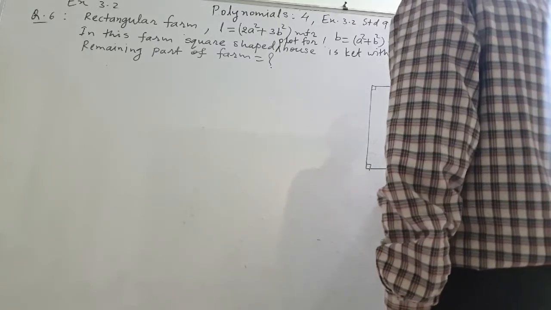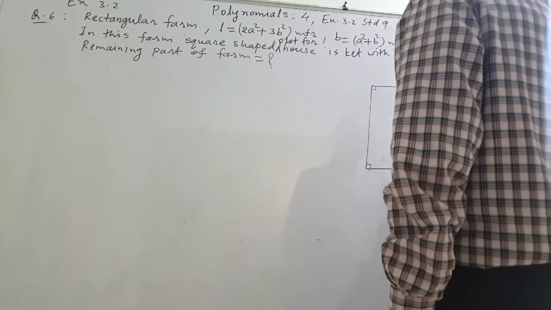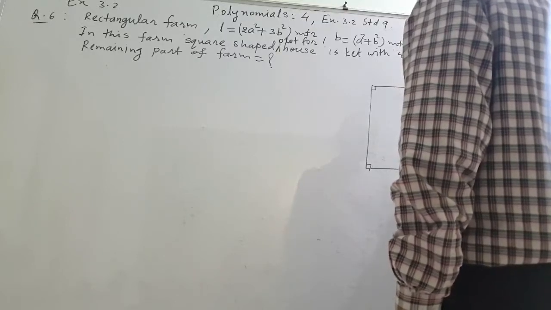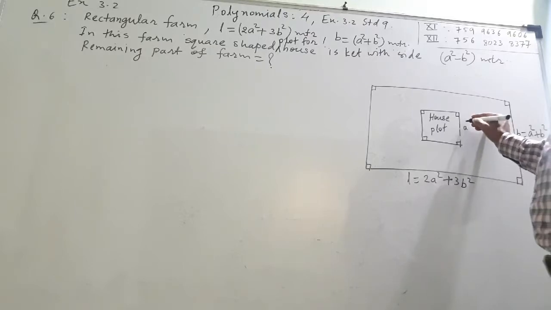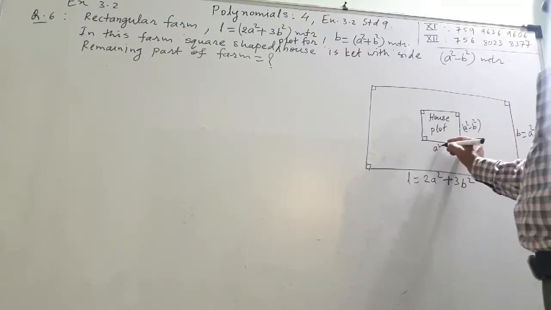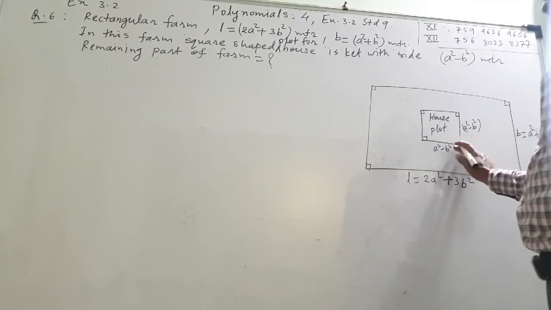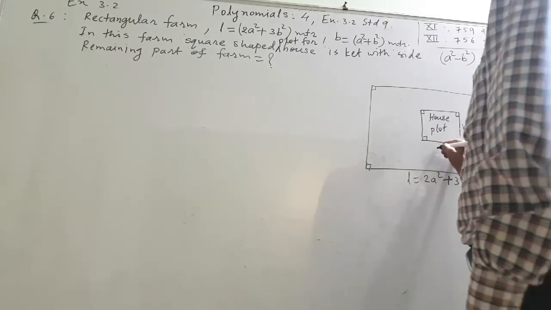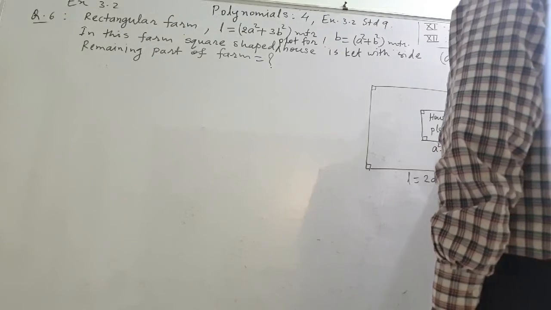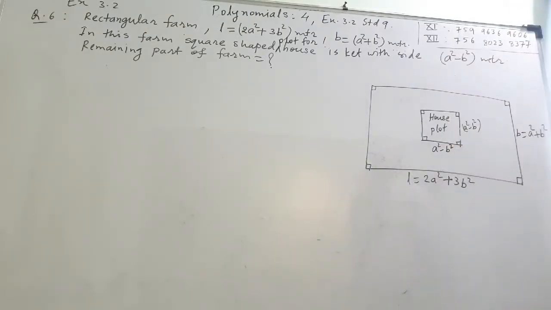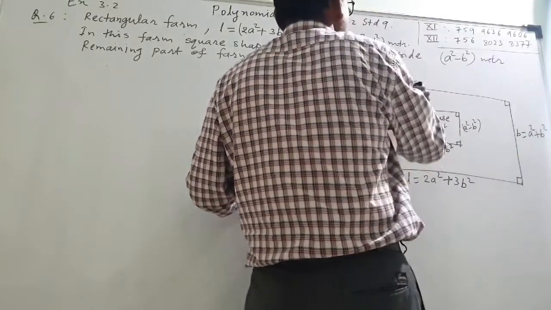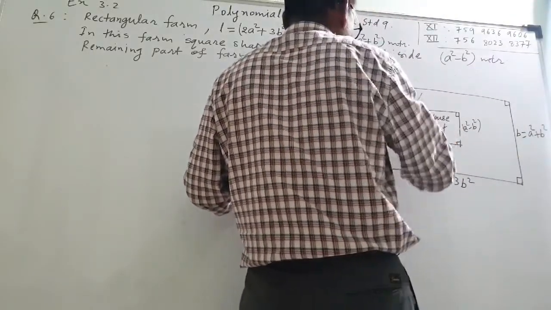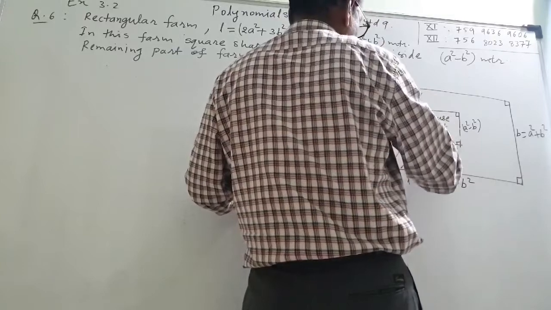This is the house. This plot is kept. What is the side? This side is a square minus b square, and this also is a square minus b square, because it is square shaped. Now remaining part means the area of this part that they want, excluding the house.